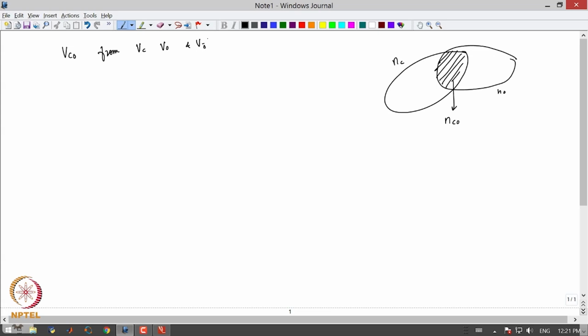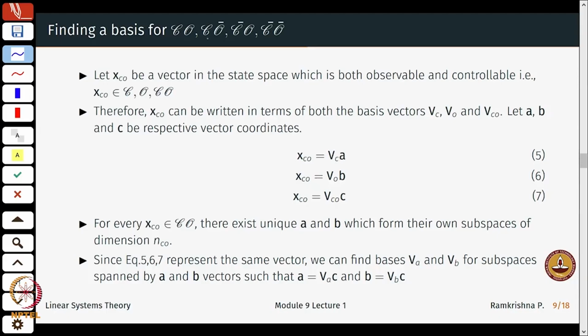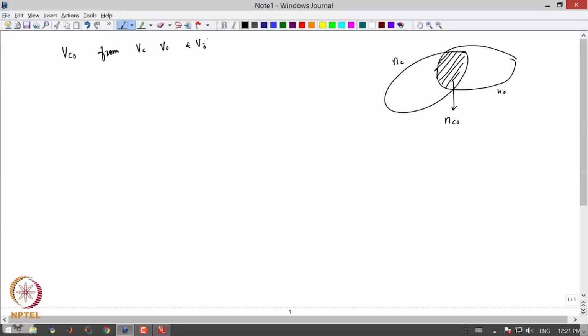Okay, now for some vector, so this vector xc naught is fully within the controllable and observable subspaces.